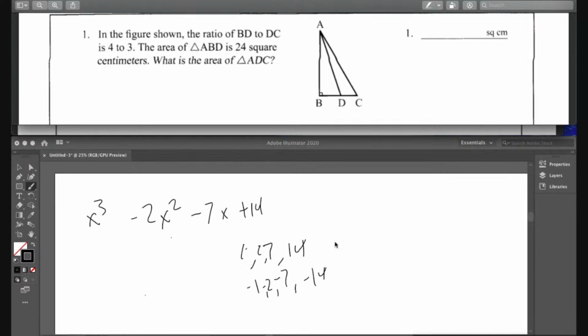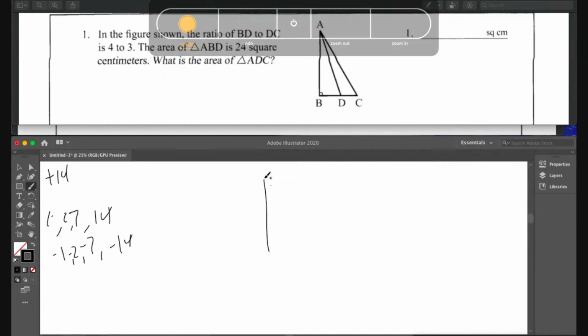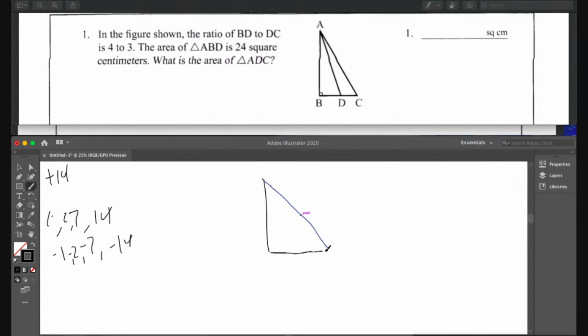Okay, so you can solve this in multiple ways, I guess. But I feel like the easiest way is just noticing that the two triangles share the same height. So if you look at ABD, this is triangle ABD, right?